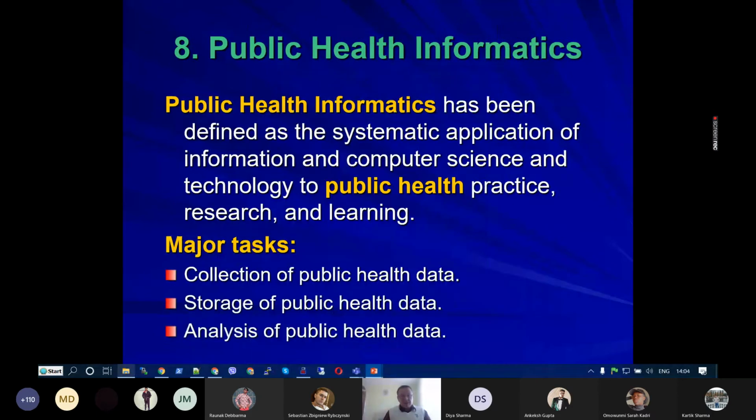Okay, public health informatics could be defined as the systematic application of information, computer science and technologies to public health practice, research, and learning. So, major tasks: collection, storage, analysis of public health data, promoting various healthcare activities, and so on. The importance of this area has grown, actually skyrocketed, within the last 1.5 years with this global pandemic, as well as the importance of application of proper social measures.